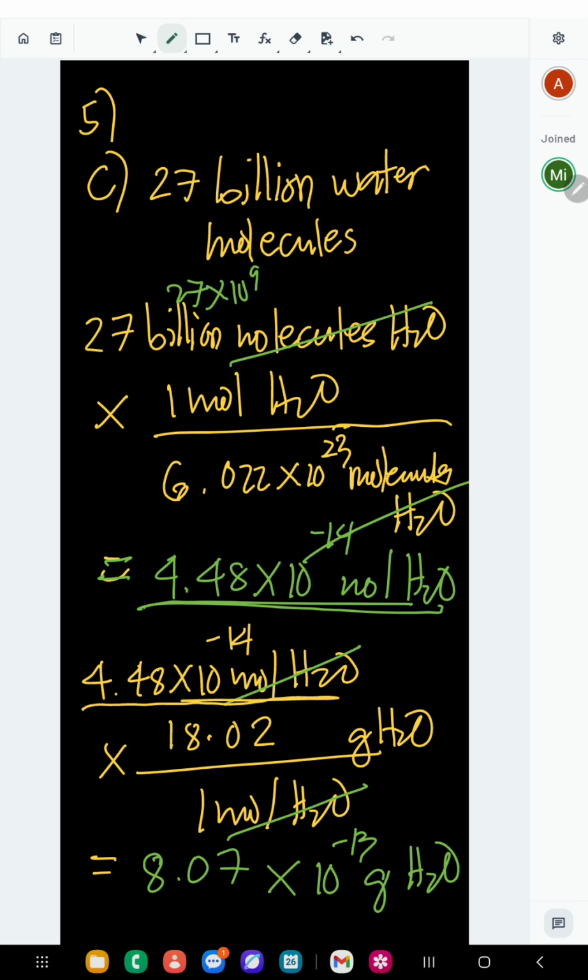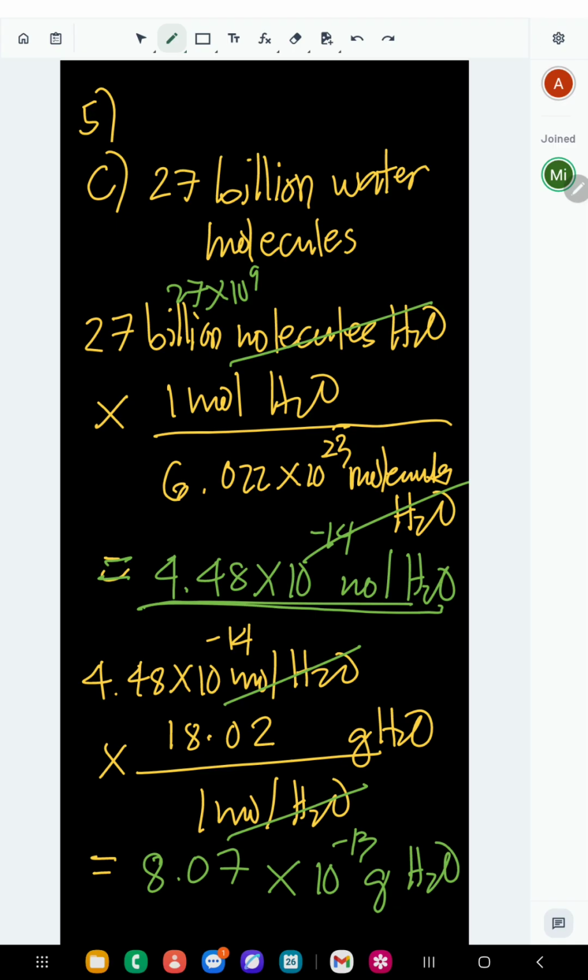Can you see my writings here? The one that I underlined. Okay, you multiply that by 18.02. Then that would be your final answer. I got 8.07 times 10 to the negative 13 grams water. Did you get the same thing? Okay. All right.